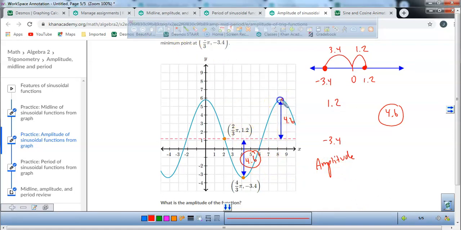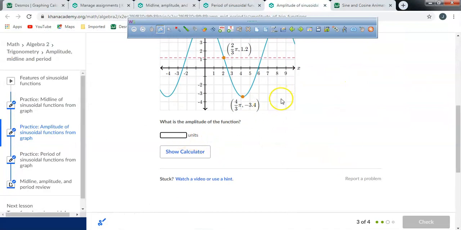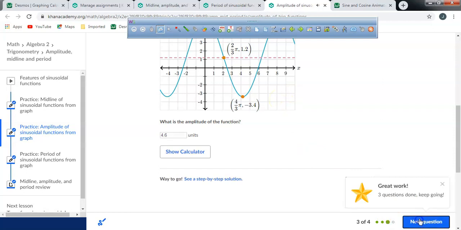So if I wanted to find that point, all I'd have to do is take 4.6 and add it to the midline at 1.2. That'd be at a 5.8. That'd be the maximum point right there. And look, that makes sense. It's almost right there at a 6, 5.8. So we're going to type in 4.6. Nailed it.